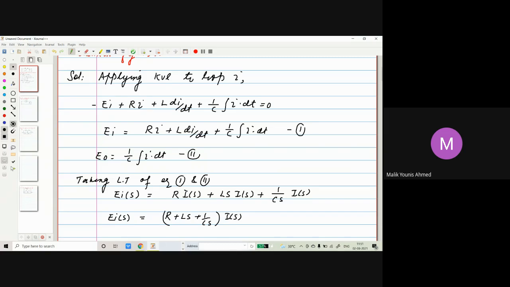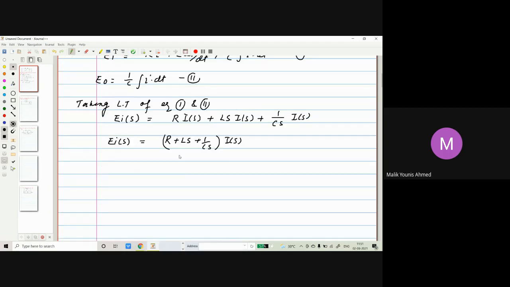Next equation: you can simplify this a bit more, or keep it like this, there's no problem. RCs plus LC s square plus 1 by Cs, times I of s.